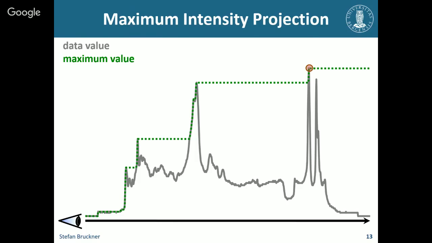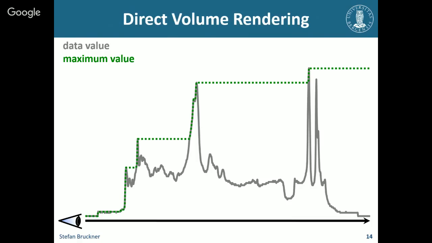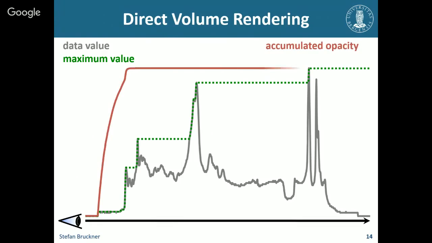On the other hand, if we are doing direct volume rendering, the situation is a bit more complex. We have some sort of transfer function that specifies what is opaque and what is transparent. Based on this transfer function, we will accumulate certain opacity, and once we have accumulated full opacity, we cannot accumulate any more color contribution.